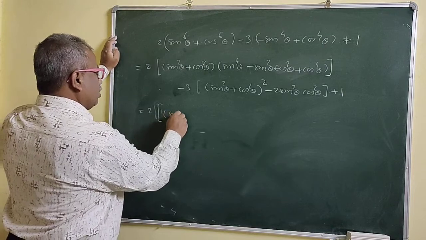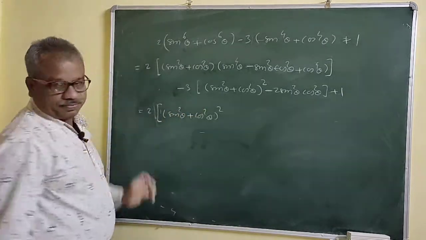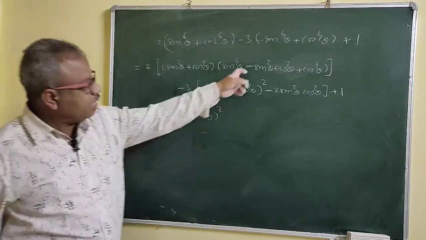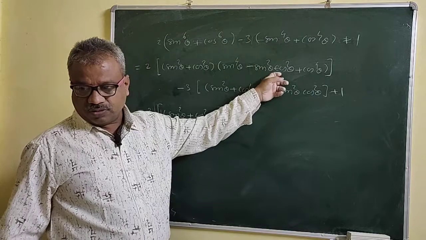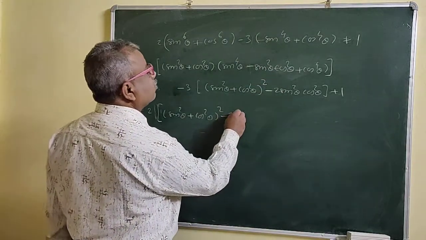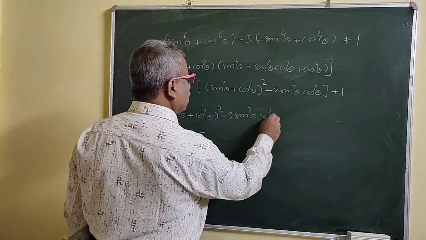Sin square theta plus cos square theta, bracket square. Now we will get minus 2, and minus is also there, so it will become minus 3 sin square theta cos square theta.